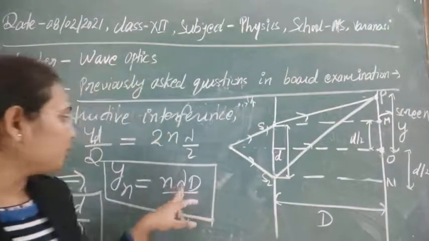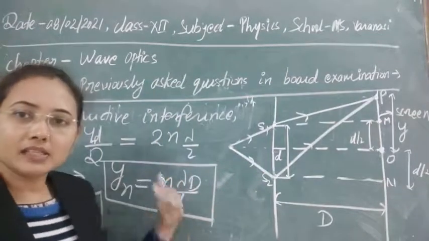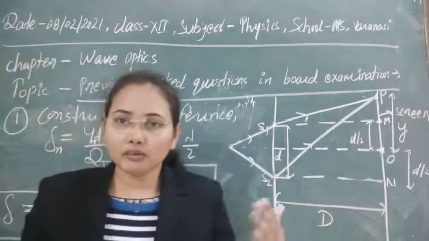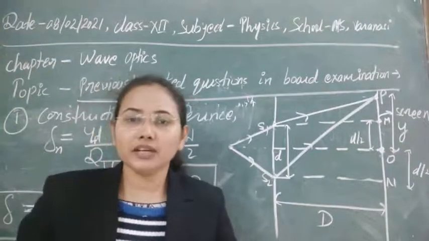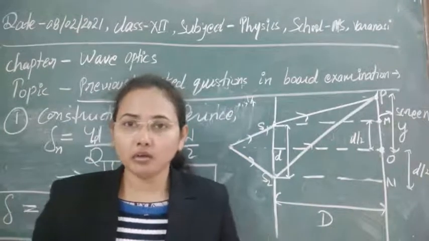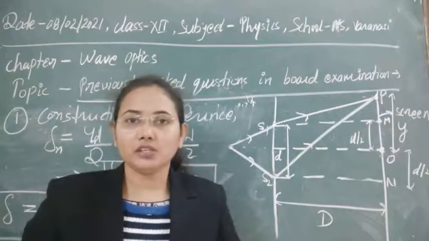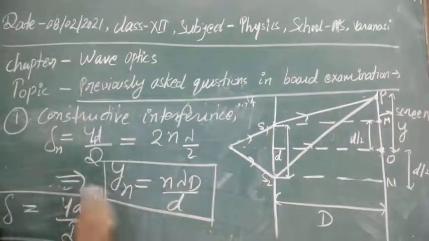And again at 2 lambda D by d, we will get maximum intensity. In the same way you can easily predict where we will get maximum intensity and where we will get minimum intensity. So this experiment helps us a lot to understand the interference pattern and even the conditions for maxima and minima.